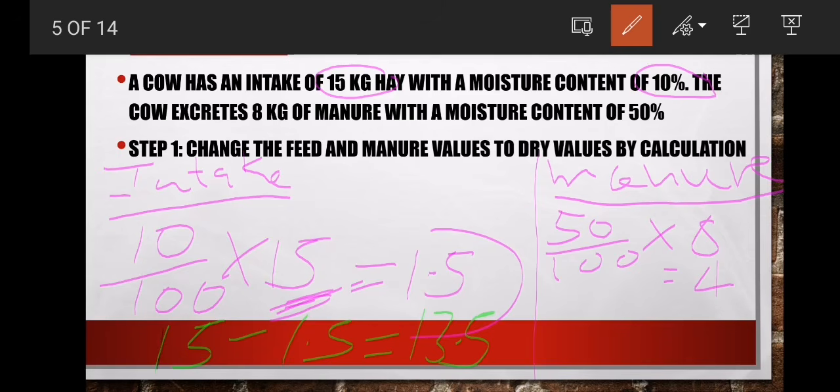We must then remove the moisture from the total outtake. How do we remove the moisture from the total outtake? We must say the total outtake minus the moisture. So we will say 8 minus 4. What do we get? We get 4 kg.